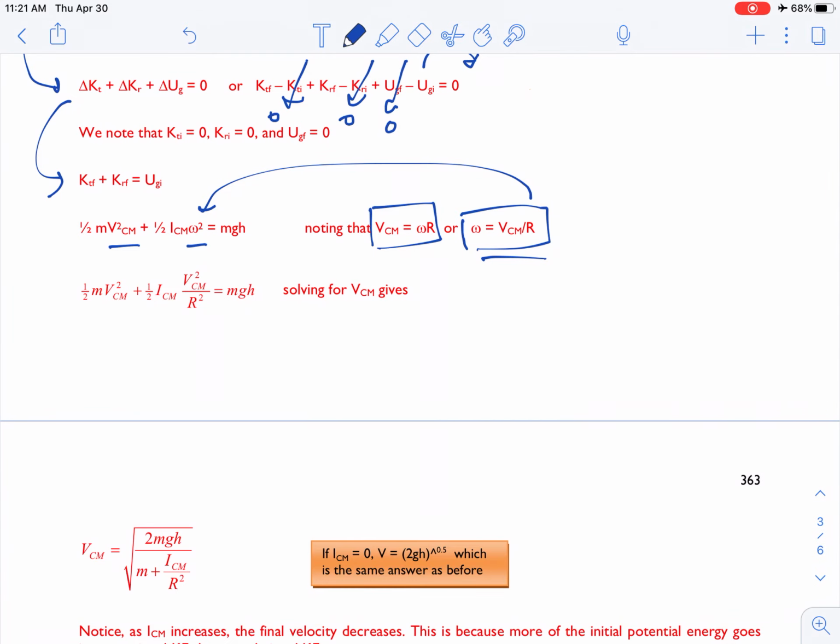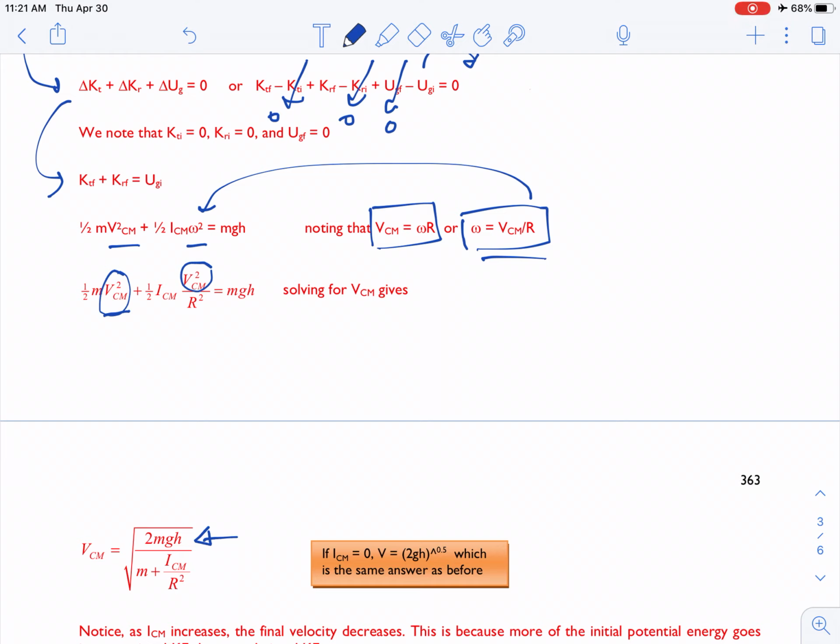There's V center of mass here, and there's another one here. So put these together, right? Take the coefficients. The coefficients will be 1/2 in parentheses m plus I center of mass over r squared. And you can put the 1/2 on the other side. So it becomes 2mgh, as you can see here. And at the bottom, the sum of the coefficient of V center of mass squared is m plus I center of mass over r squared.